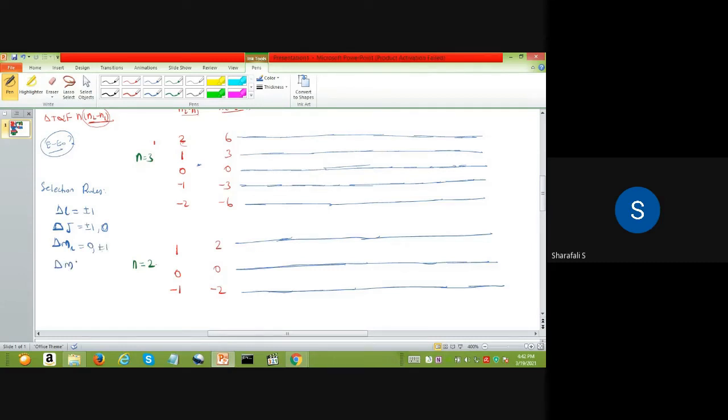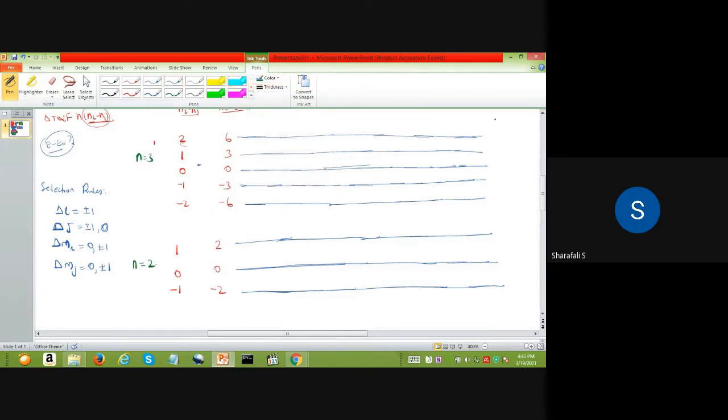Delta MJ should be equal to 0 or plus or minus 1.